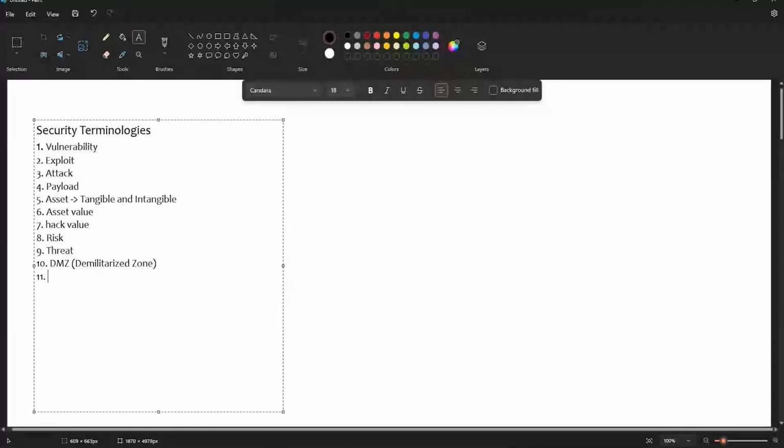Now there are different types of threats, right? Like there are environmental threats as well, right? Environmental threats means like if you have an office on the ground floor, right? And a flood situation came, right? Then earthquake zone, prone to fire zone, right?